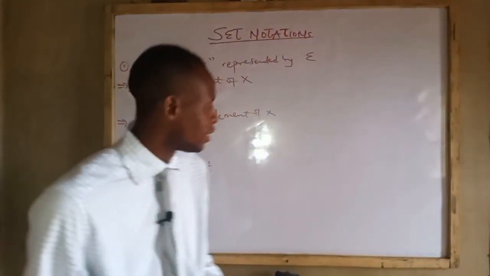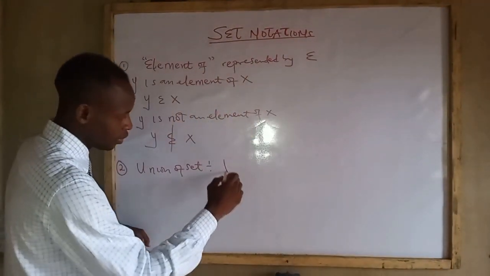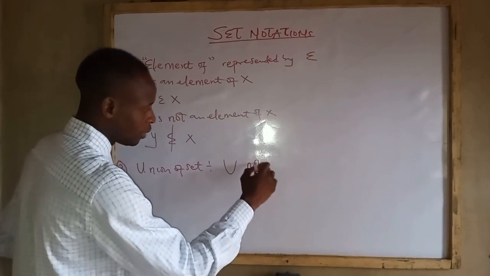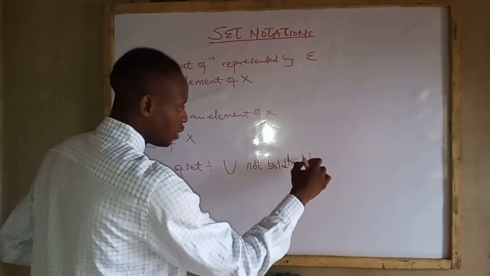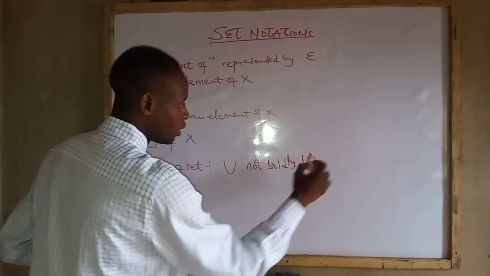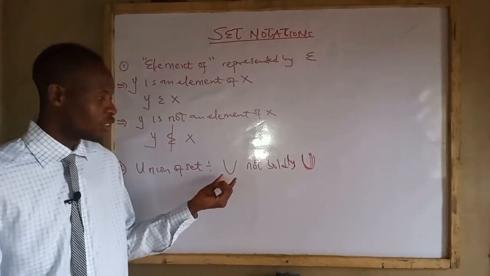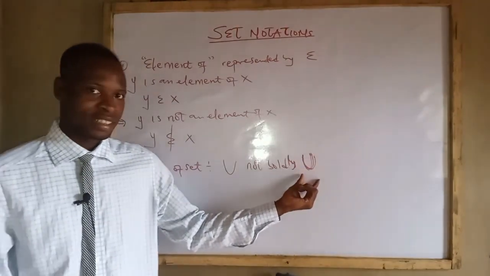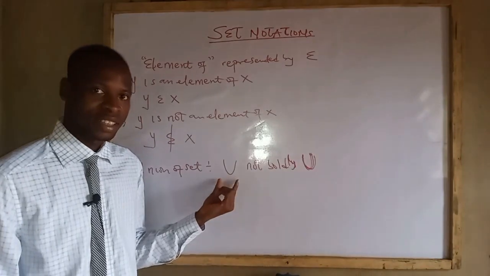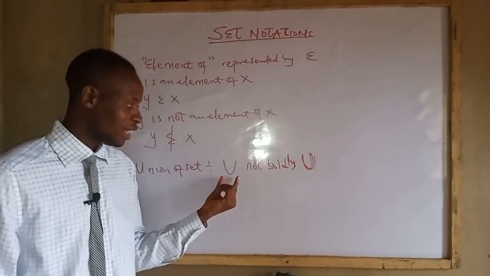It is denoted by this sign, but not boldly. This is the union sign, not boldly. It doesn't have to be thick, just slanted like this, light.